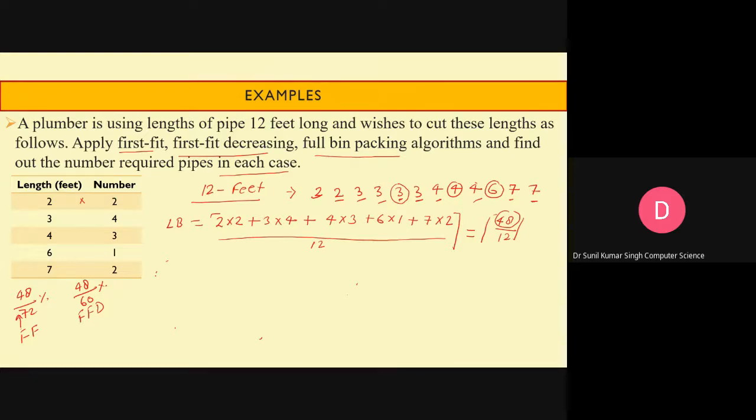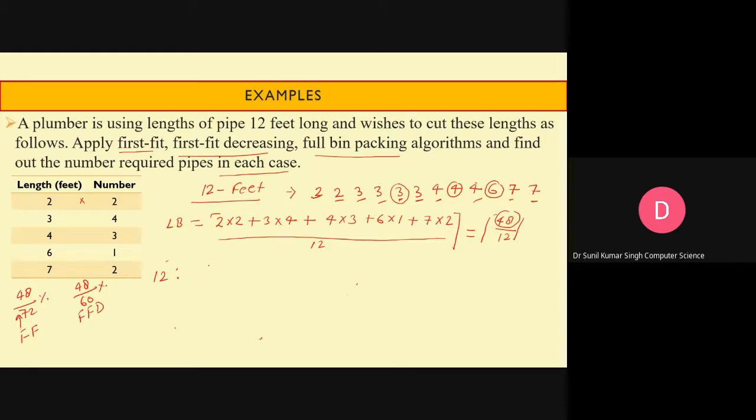You know the capacity is 12. So we have to arrange the items in such a way that we can use them as per the length of the pipe.